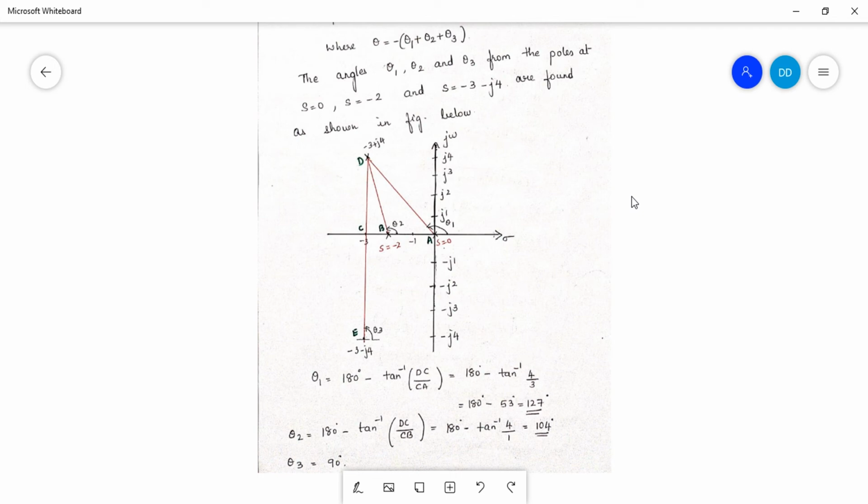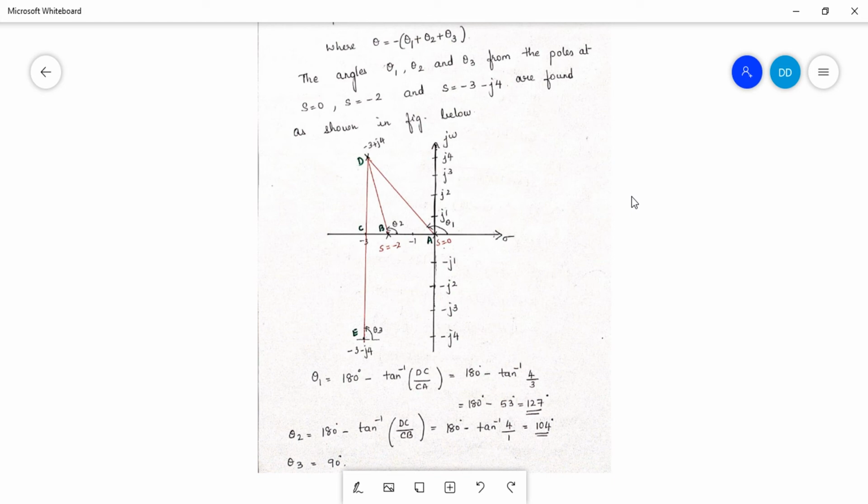Similarly, theta 2 is the angle made by the pole at s equal to minus 2. So it is 180 degrees minus tan inverse of DC by CB. B is at s equal to minus 2 and C is s equal to minus 3. Therefore, from C to B we have only 1 unit.